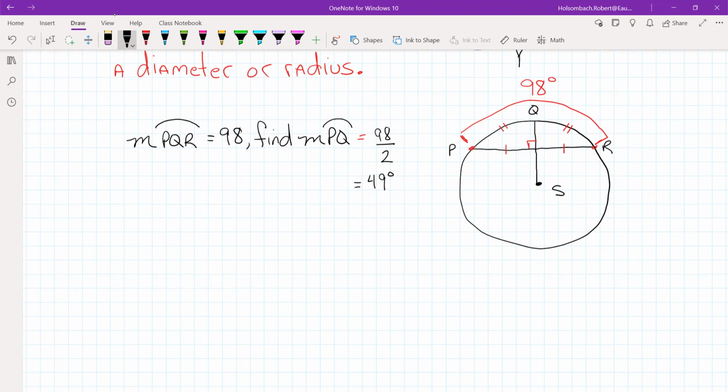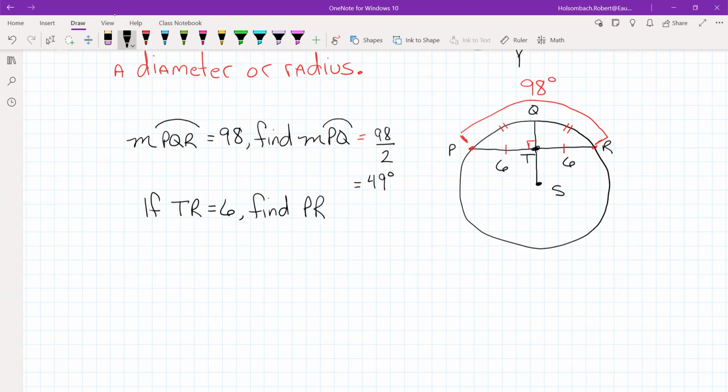And we're going to say that if, let's add point T right here. If TR equals 6, find PR. If TR equals 6, then what is TP equal to? It's equal to 6.